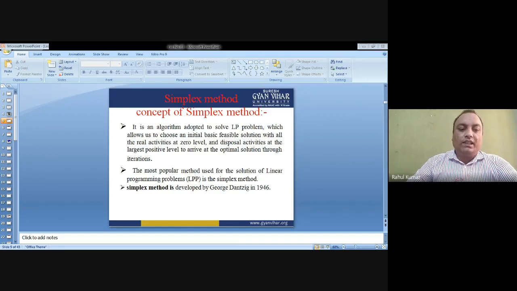It follows the shortest route to reach the optimal solution from the starting point, consisting of a sequence of basic feasible solutions.